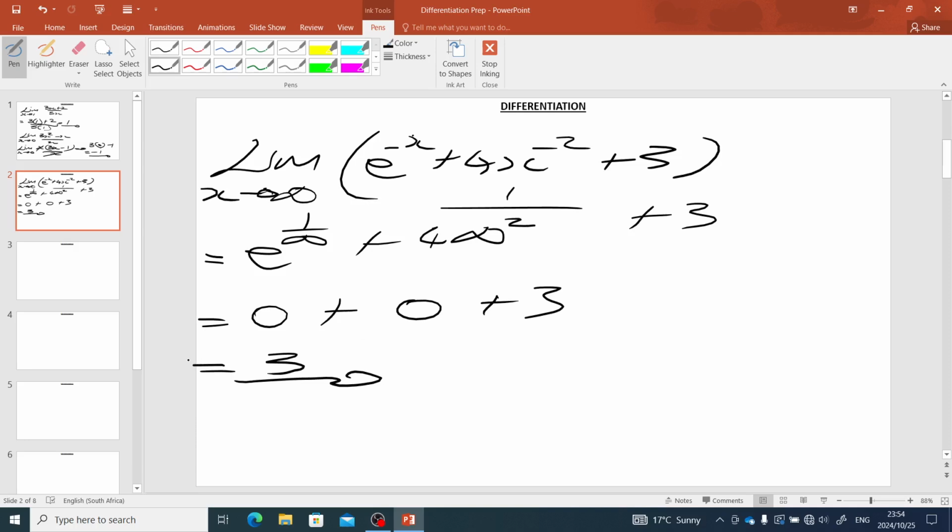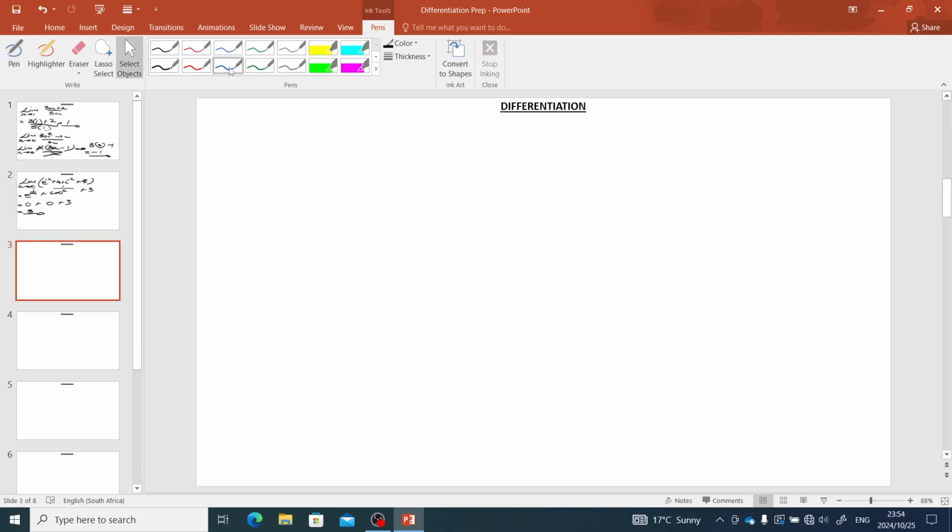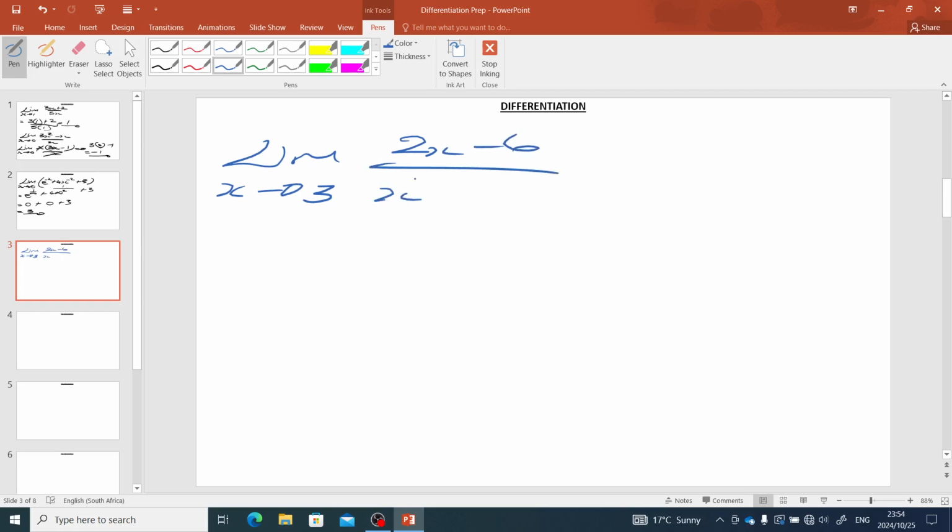Right. Then let us look at another example. That would be number 7. We are given the limit as x approaches 3 of 2x minus 6 divided by x cubed minus 27.